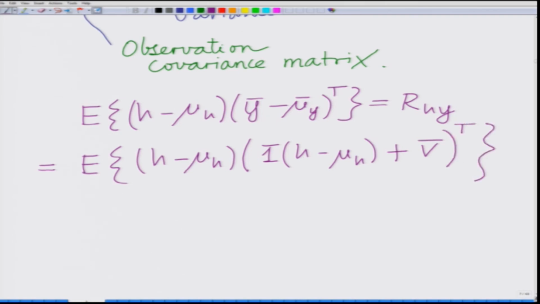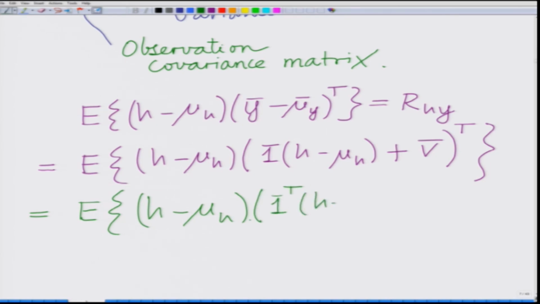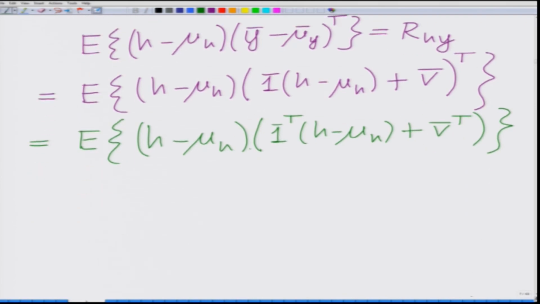Taking the transpose of this quantity, it is the expected value of (h minus mu h) times (1 bar transpose into (h minus mu h) plus v bar transpose). h minus mu h is a scalar, so I can let it remain where it is.